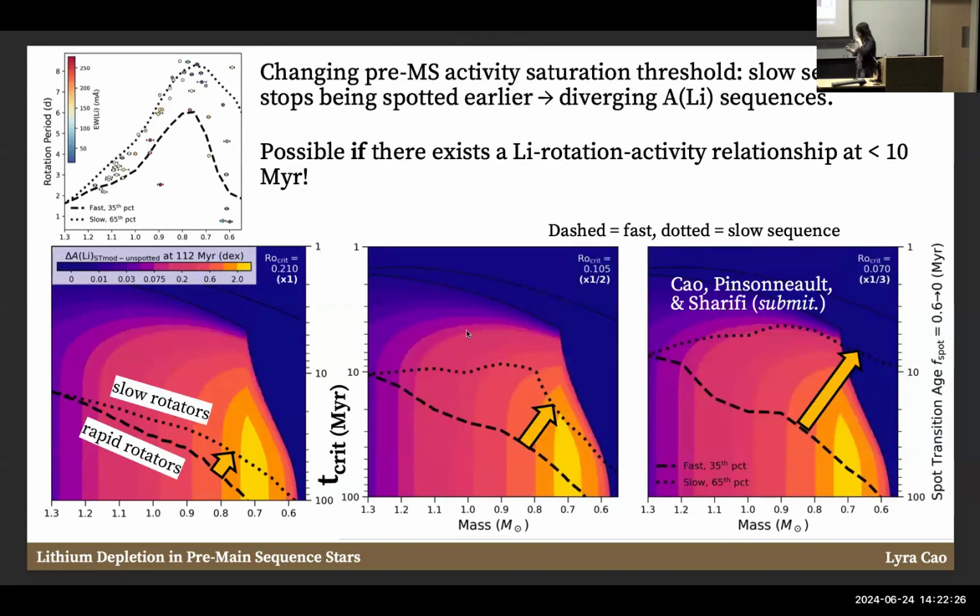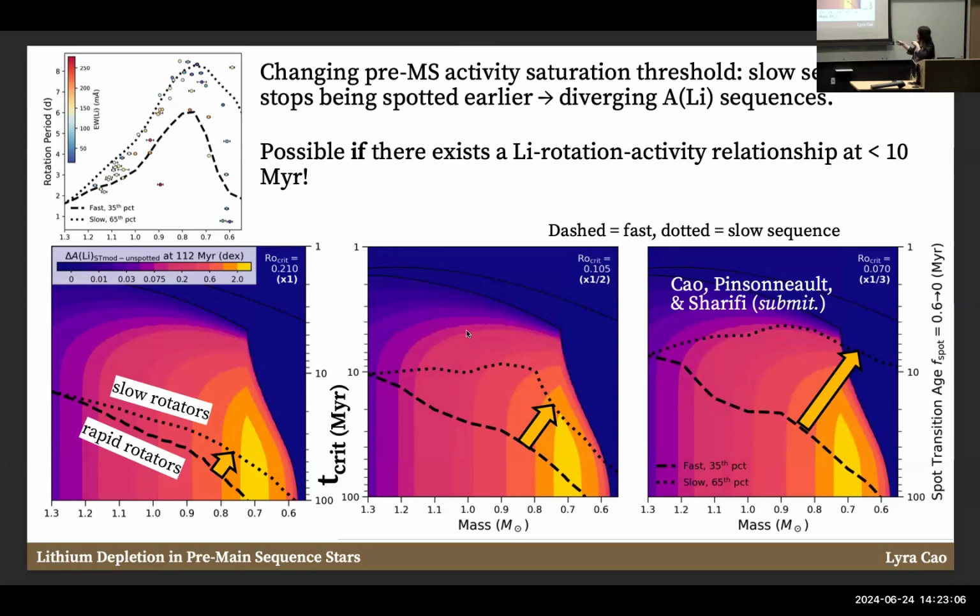And the end result of this, basically all these plots down here, these are mass on the x-axis, and this is the time at which we turn off the star spots, the magnetism in the star. We actually predict that there ought to be a lithium rotation activity relationship that differs between the slow rotators and the rapid rotators in such a way that the colors here indicate the discrepancy between these models and a classical model.